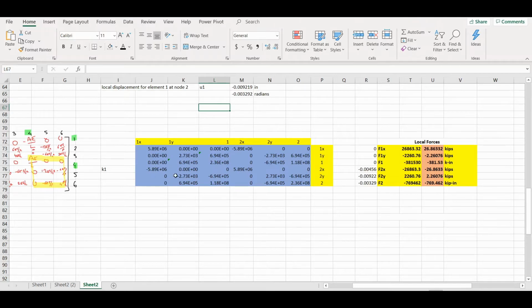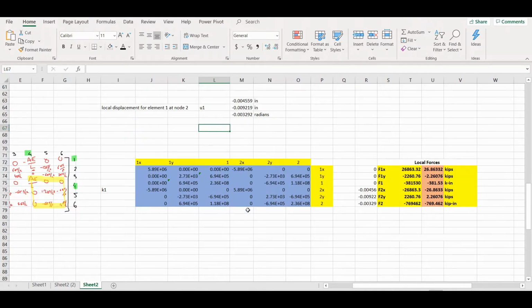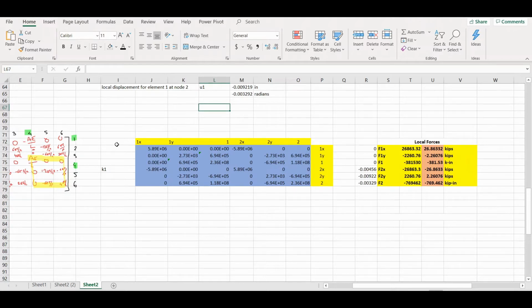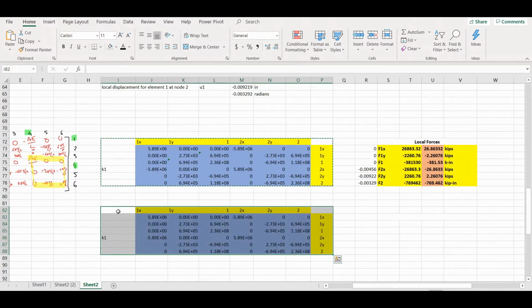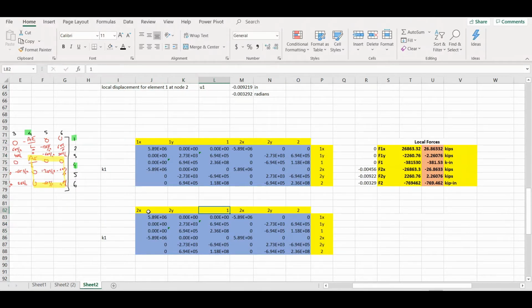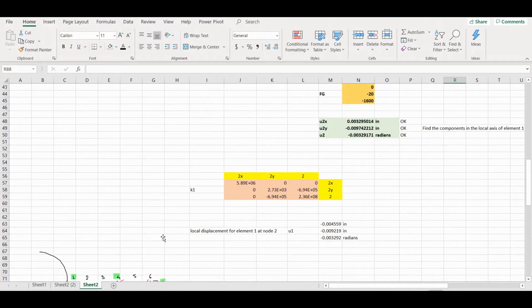So for this one, we'll also form our matrix, which will be a 6 by 6 matrix. So we'll just copy this down here. I'll rename this one 3y and 3, because in element 2 we are focusing on node 2 and node 3.